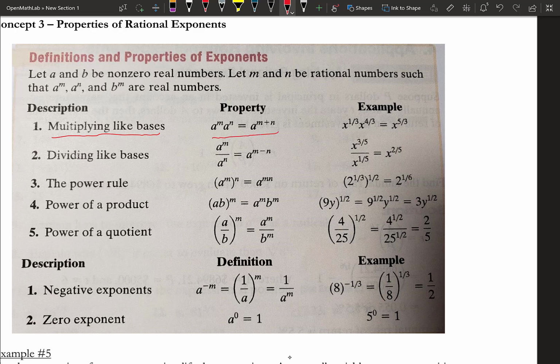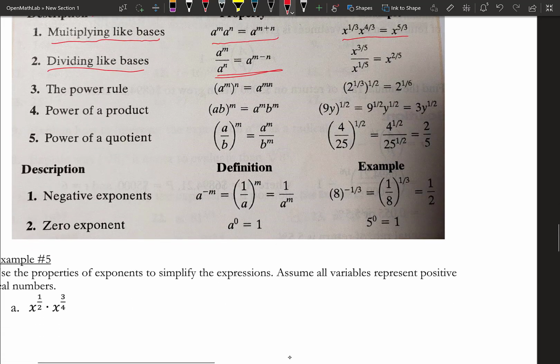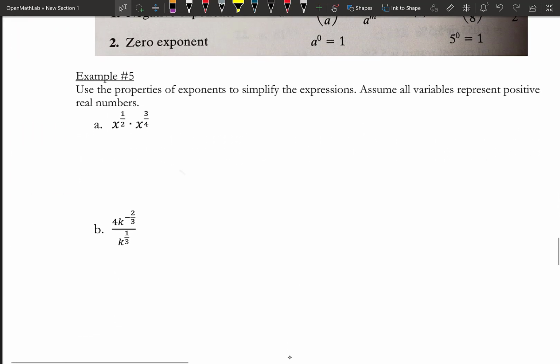You should probably already know that from multiplying polynomials, but it still applies for rational exponents. Dividing like bases, we subtract, and so forth. The power rule, product rule, quotient rule: all these rules you've seen before are shown here to reiterate that we can do this with rational exponents as well. They don't have to be whole number exponents or integers like you may have done before. So let's practice these properties.